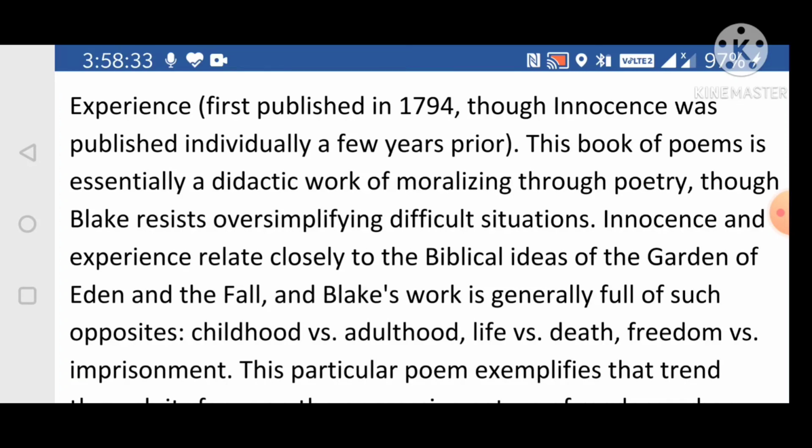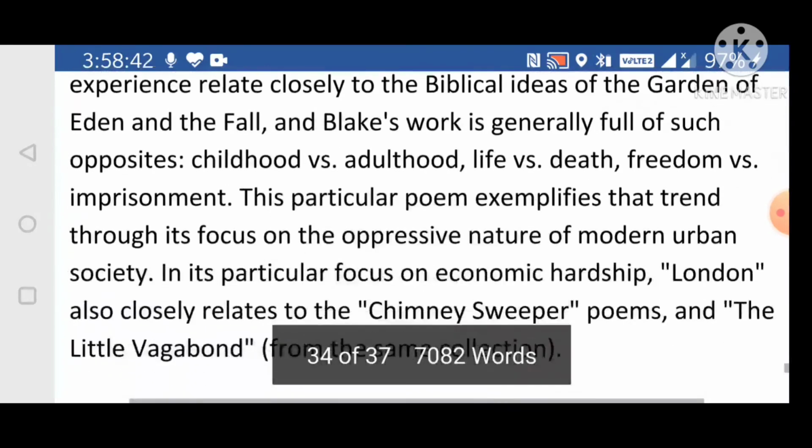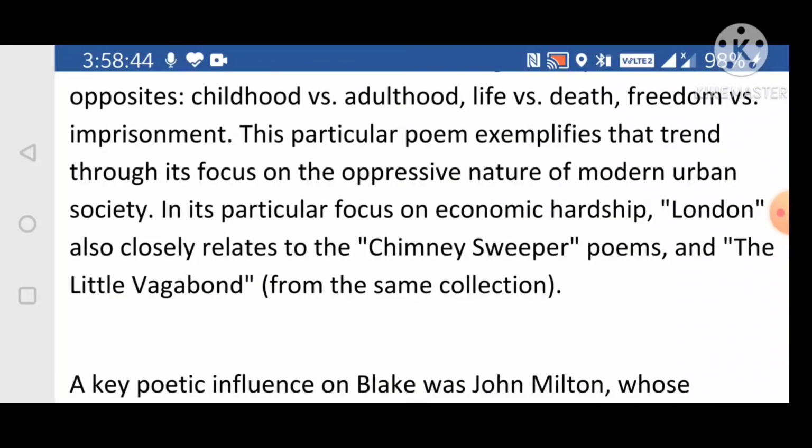And Blake's work is generally full of such opposites: childhood versus adulthood, life versus death, freedom versus imprisonment. This particular poem exemplifies that trend through its focus on the oppressive nature of modern urban society. In its particular focus on economic hardship, London also closely relates to the chimney sweeper poems and The Little Vagabond from the same collection.